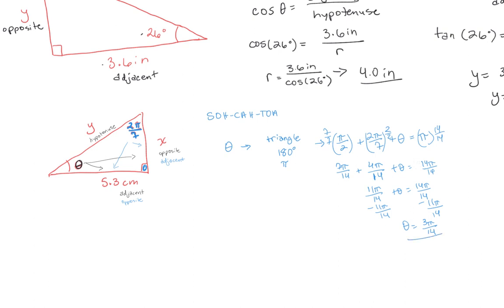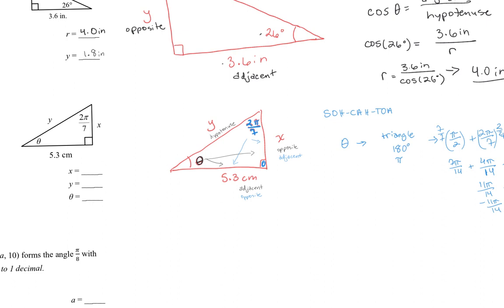Okay. So now that we know theta is 3 pi over 14, we can use either of our angles to find our opposite and adjacent side. Let's use our 2 pi over 7 because we know that one off the bat, just in case we miscalculated theta, right?